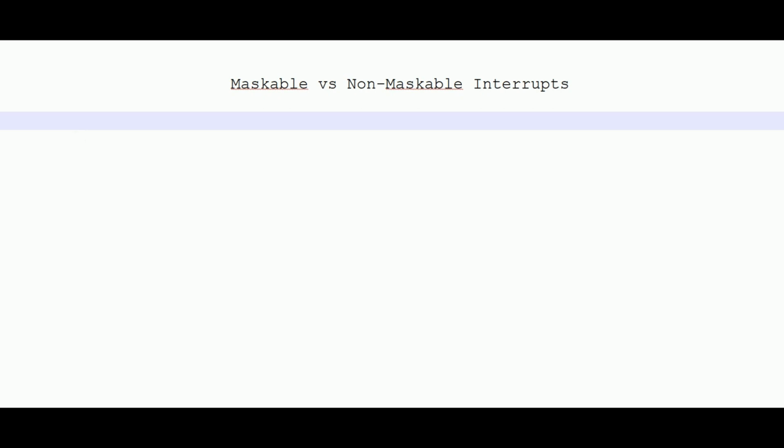So just in brief, I can write maskable interrupts: they can be accepted or rejected by the microprocessor depending upon critical programs the microprocessor is executing, or it is performing some high priority task, or the interrupt flag is set or reset.